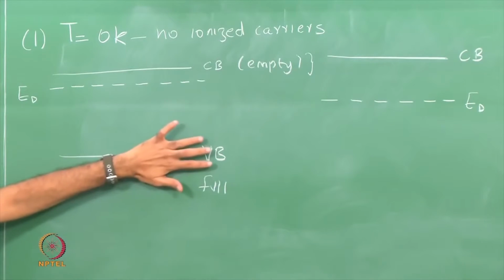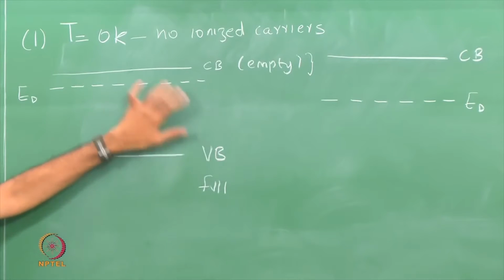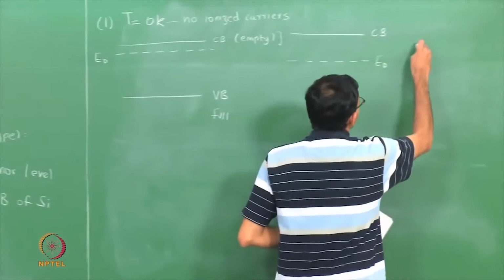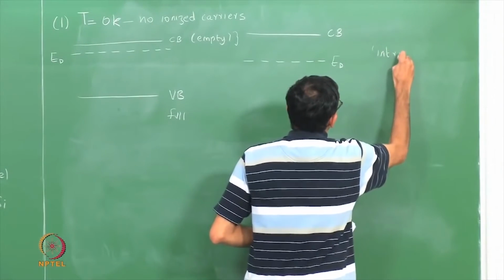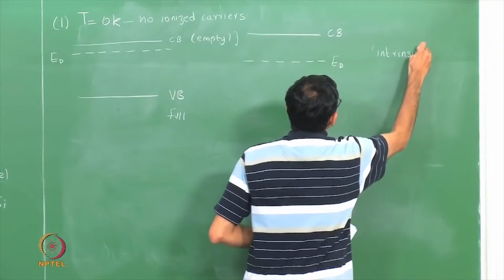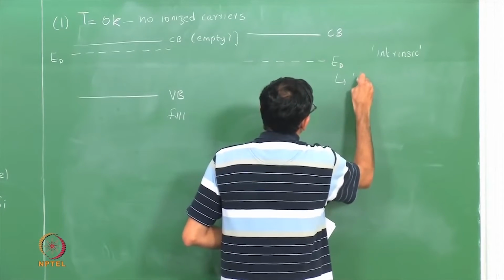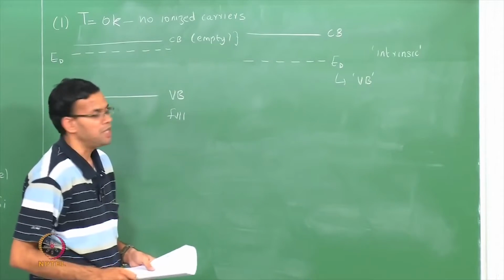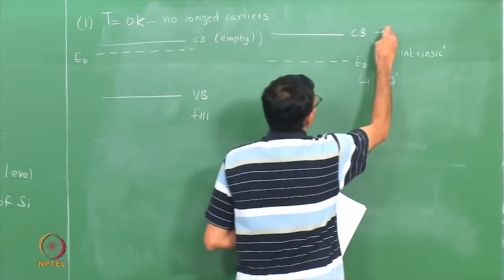So, we can ignore the valence band totally and think of this as an intrinsic semiconductor. So, I will put intrinsic within brackets, with the donor level acting as your valence band and the conduction band being the conduction band of silicon.